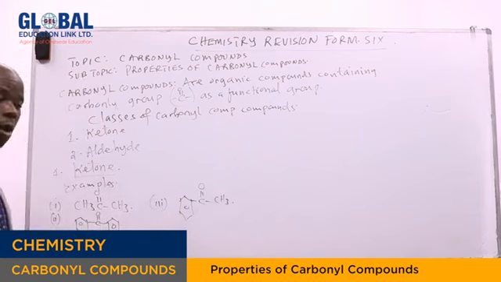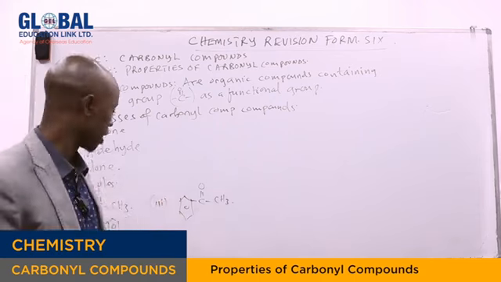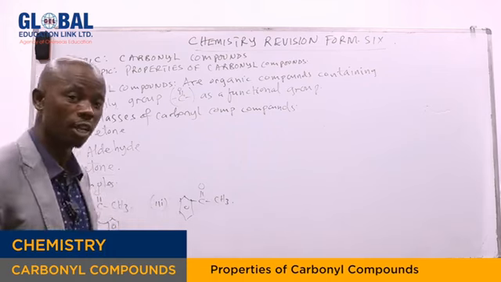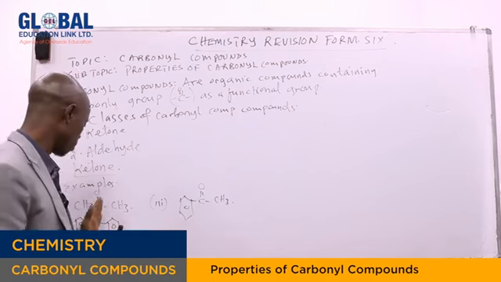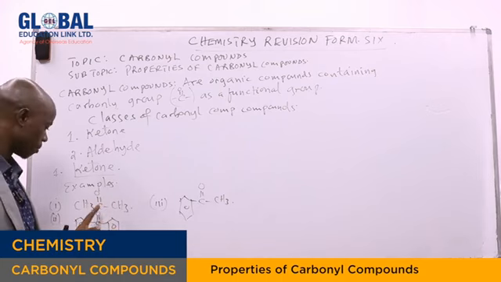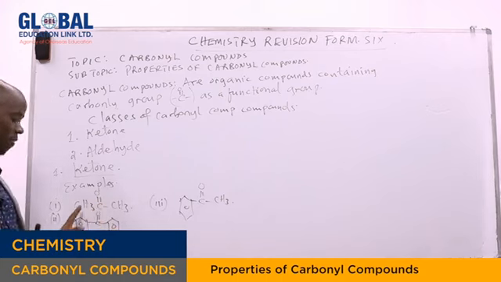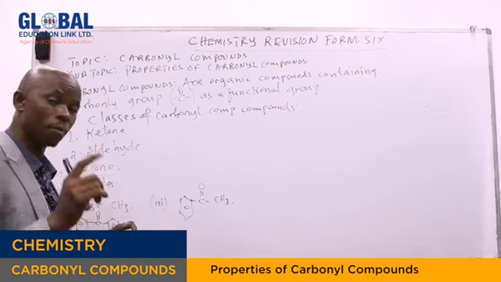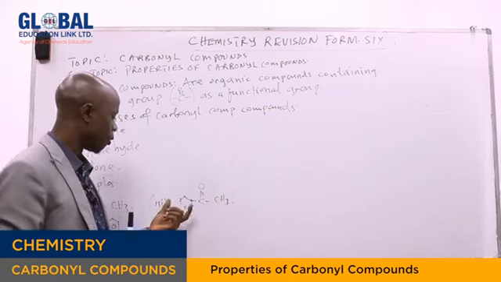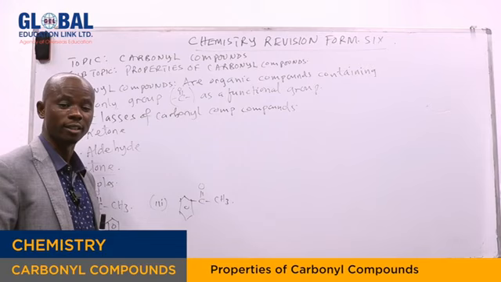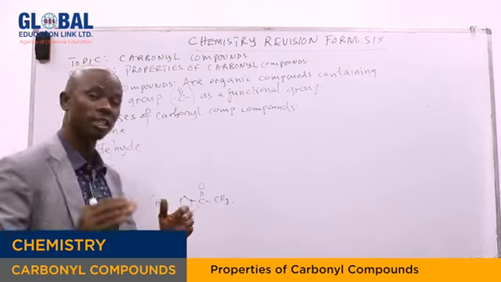So by using these three examples, we can generally say that ketones are carbonyl compounds containing a carbonyl group between either two alkyl groups, just like in the first example, or two aryl groups, just like in this example, or the carbonyl group is present between one alkyl group, which is this one, and one aryl group, which is this one. So that is all about ketone.